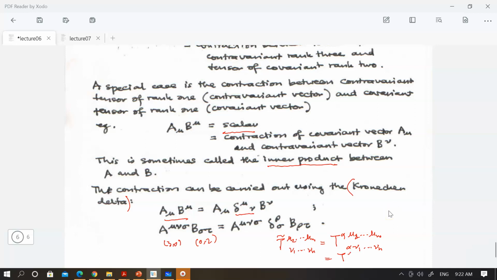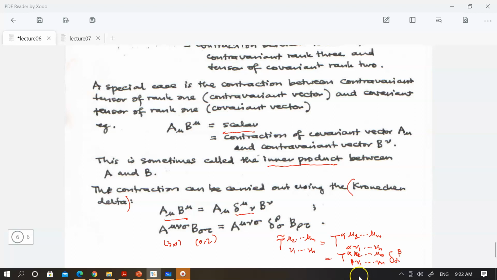So I can write this as alpha beta here, mu2 until mu m, nu1 until nu n, and I introduce again your Kronecker delta where I will have alpha beta here.